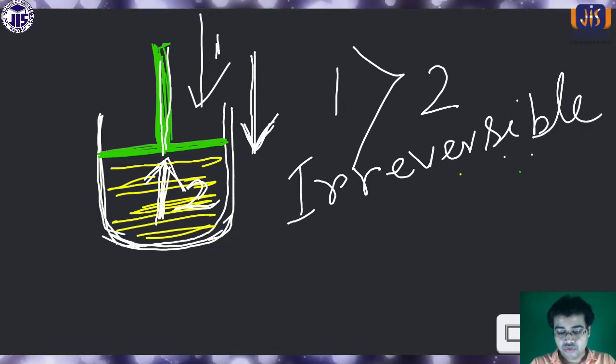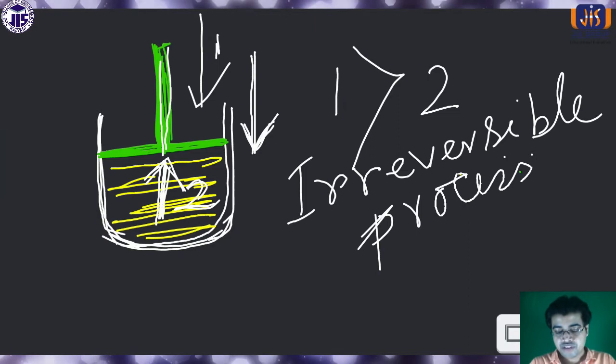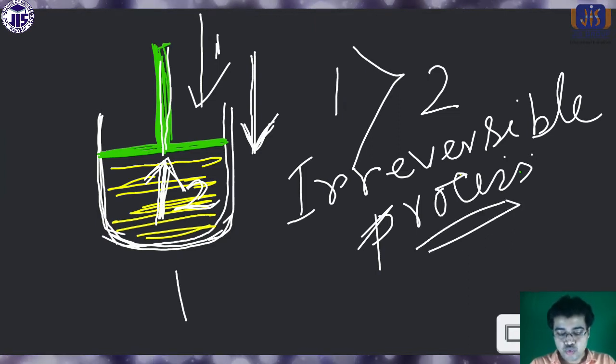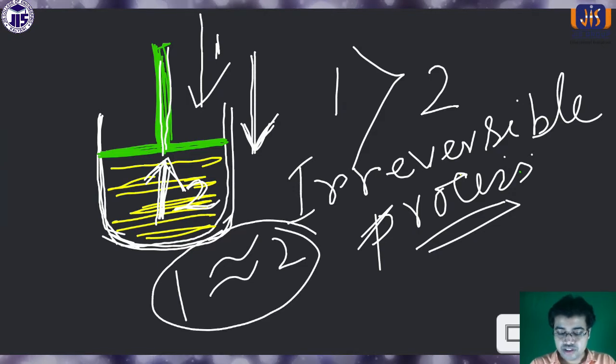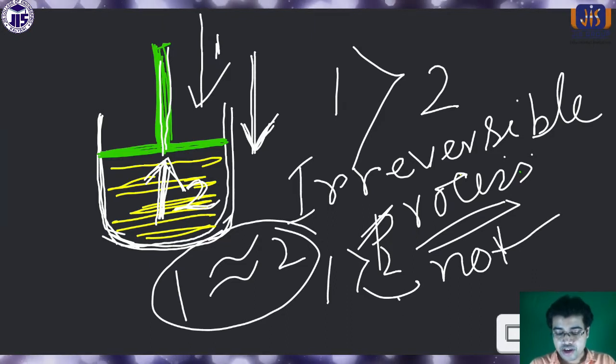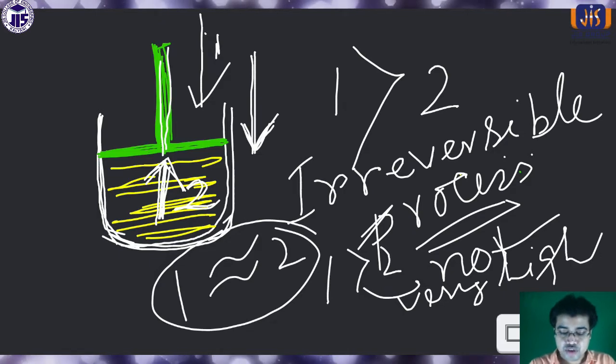But what happens if this difference between 1 and 2 is not very high? That means 1 is obviously greater than 2, but not very high. Then the process will be very much slower.